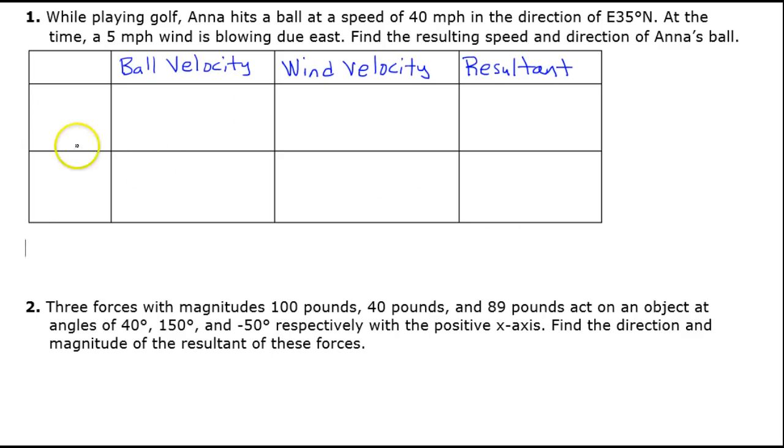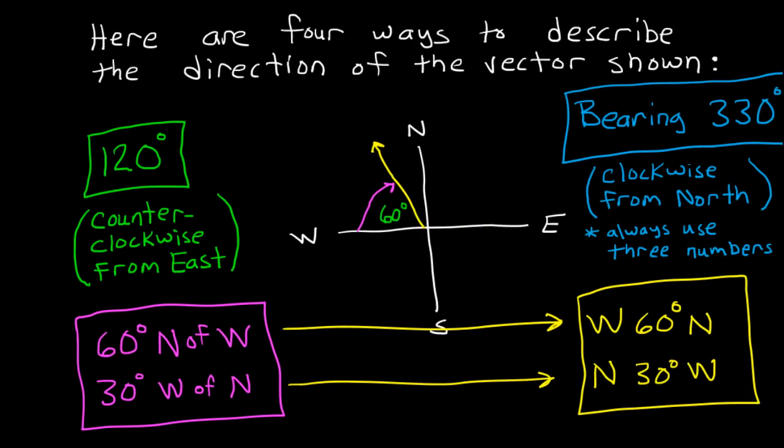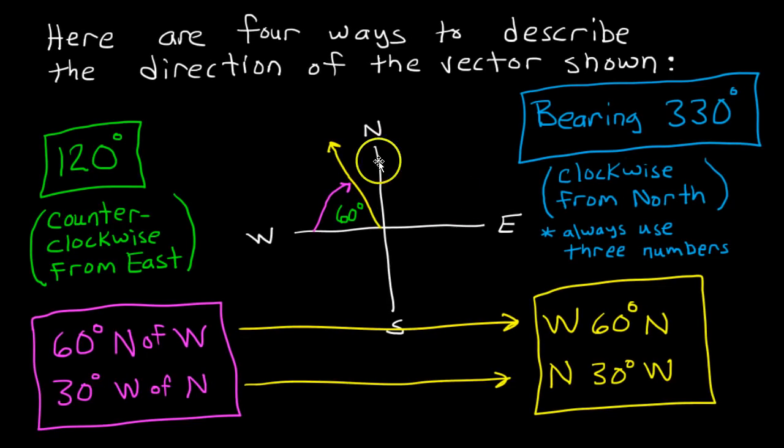Now, how about the rows? In the first row, we are going to record the magnitude and direction of each vector. So when I talk about r and theta, I'm talking about the magnitude and direction. And for the purposes of this chart, anytime I'm talking about the direction, I'm talking about the type of direction where we simply start at the positive x-axis and measure counterclockwise from the east.